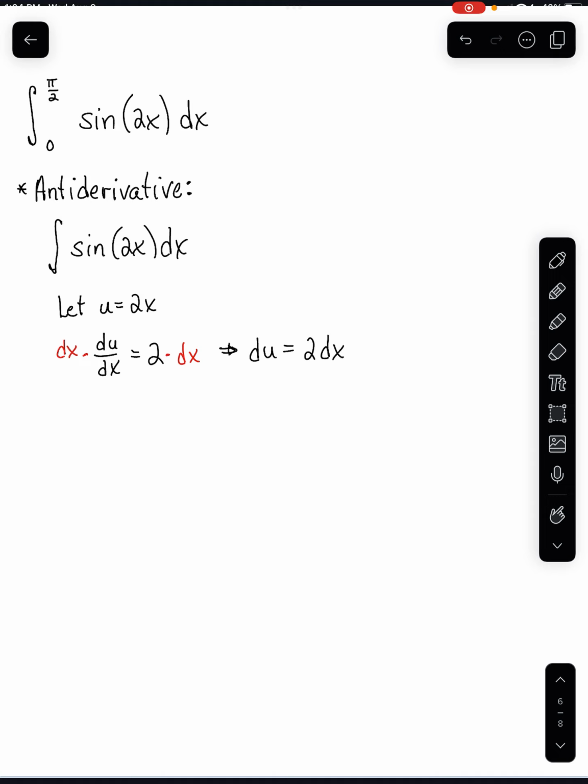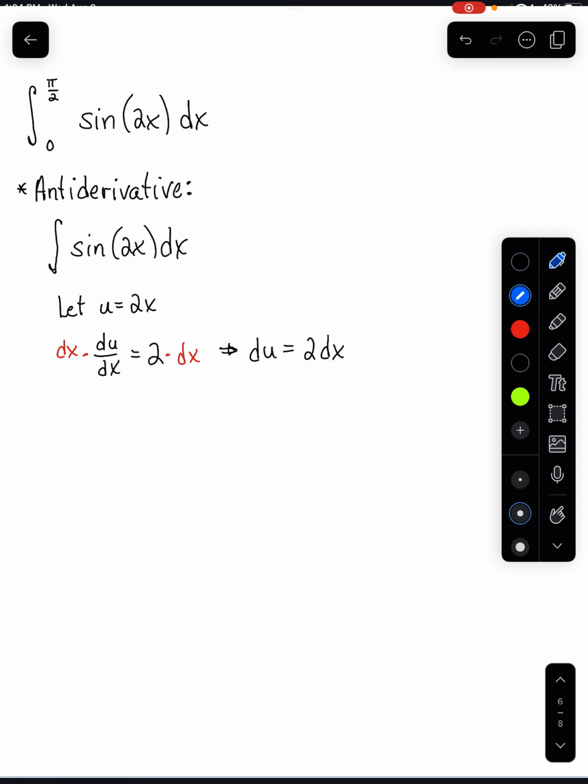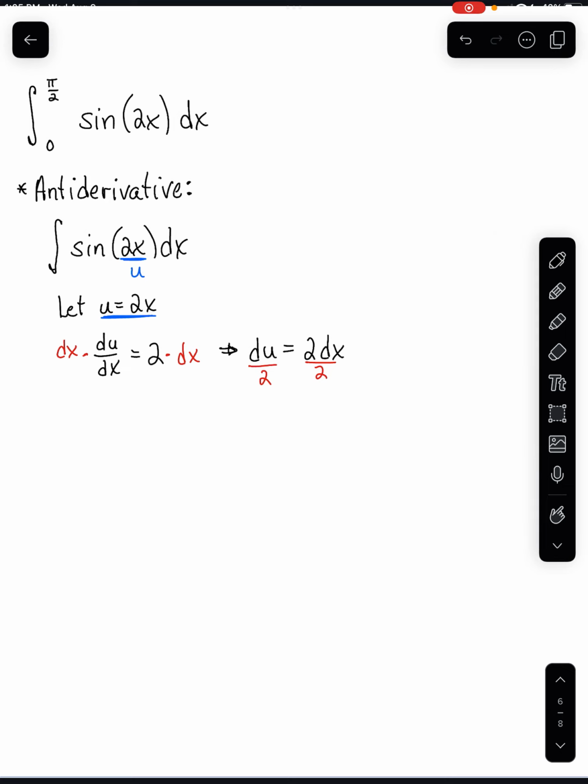And like often happens, I don't see a times 2 in the integrand. This times 2 is already being taken care of by getting replaced by u. I don't see another times 2. So, since I don't have a times 2 to take out, I will manipulate this one more time and put in a 1/2.